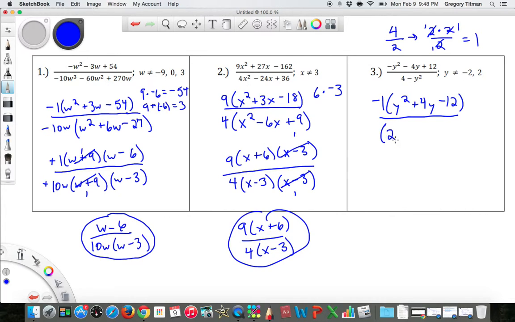The square root of 4 is 2. Square root of y squared is y. So I have one binomial that's y plus 2, and the other one is 2 minus y. And we can verify this because if I were to evaluate for -2, this factor equals 0. And if I were to evaluate this factor with +2, this would equal 0. In either case, the denominator would equal 0 and the expression would be undefined.